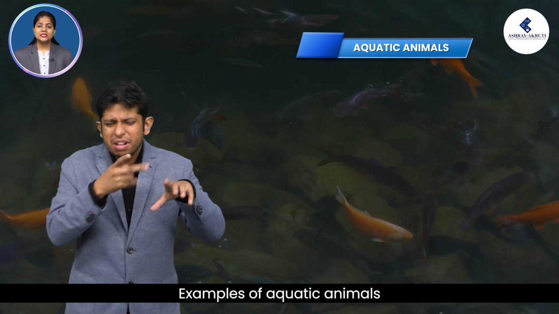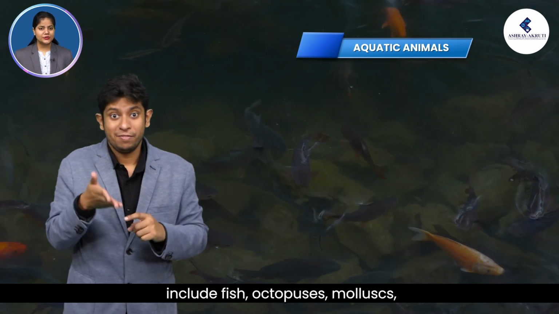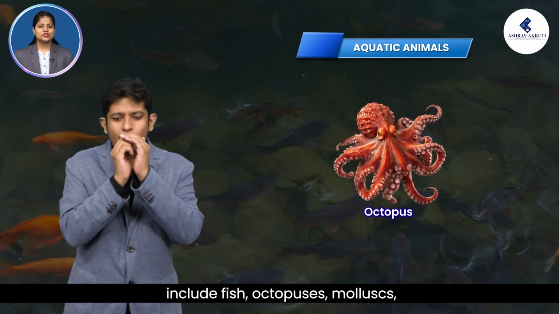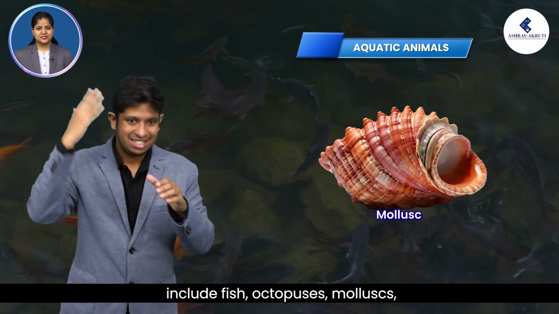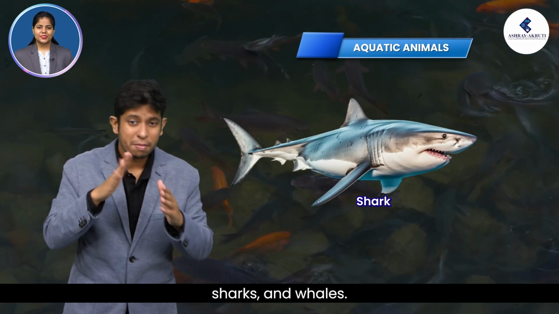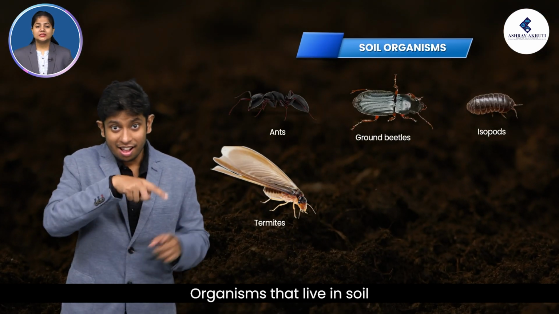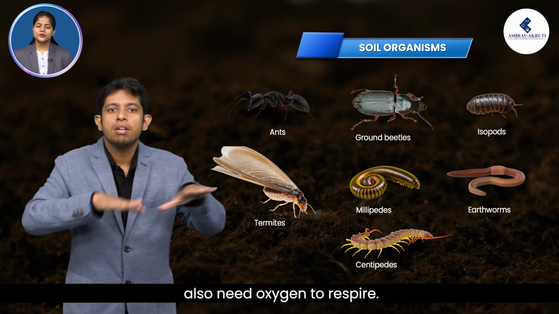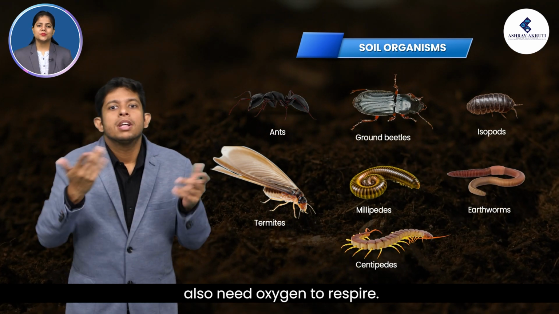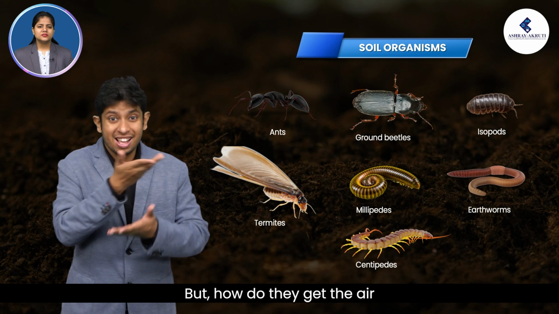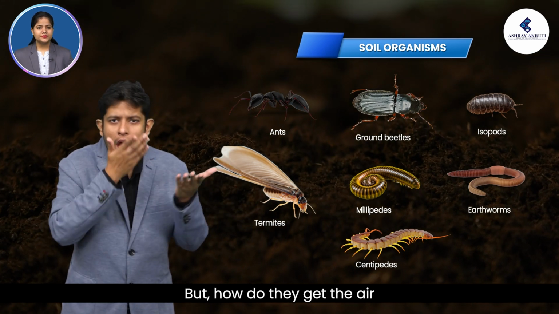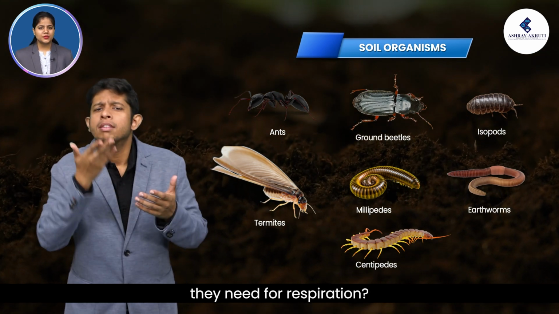Examples of aquatic animals include fish, octopuses, mollusks, sharks, and whales. Organisms that live in soil also need oxygen to respire. But how do they get the air they need for respiration?